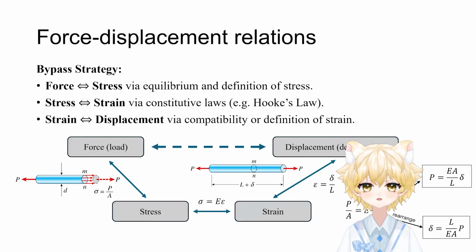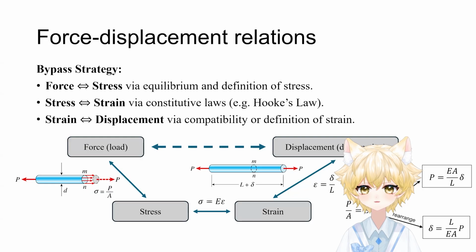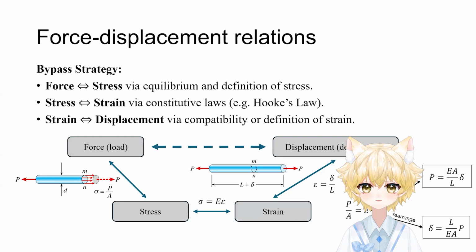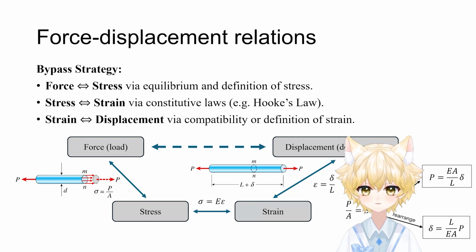Step 2 is stress to strain. This is where the material choice matters. We use our constitutive law. In other words, we use Hooke's law, right? We convert stress into strain using sigma equals E times epsilon. Remember, E here is Young's modulus if the structure is under tension and compression.